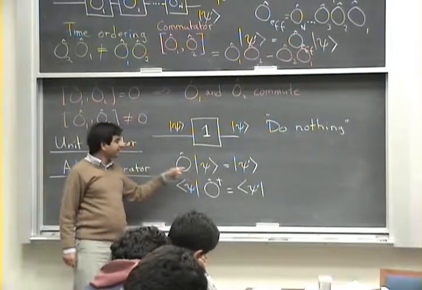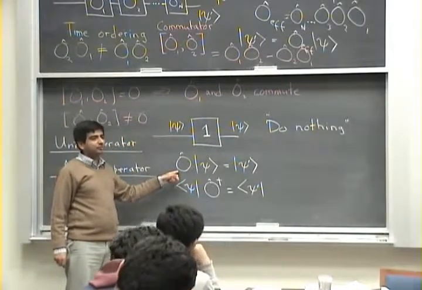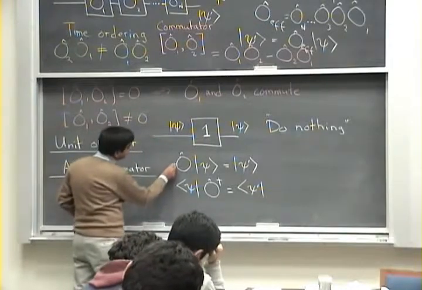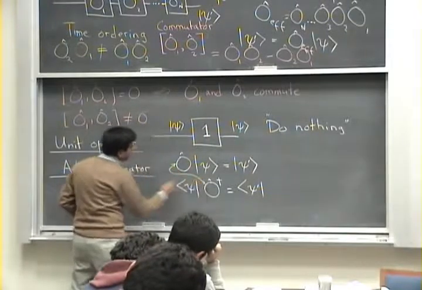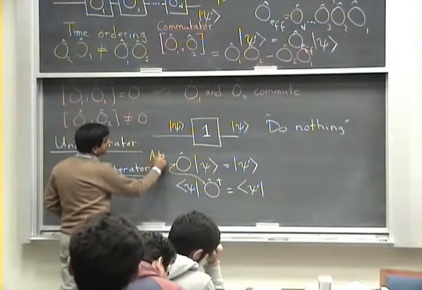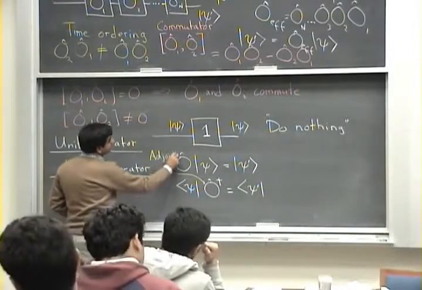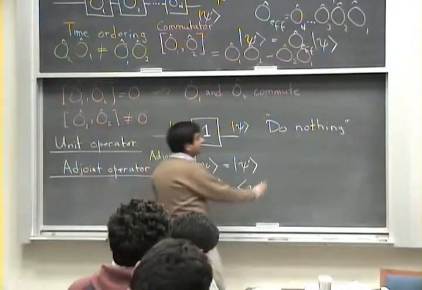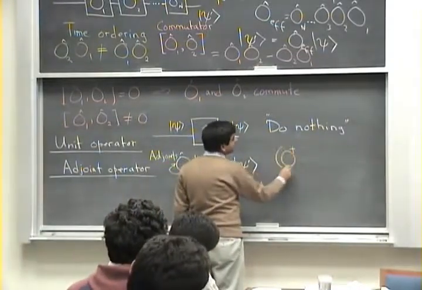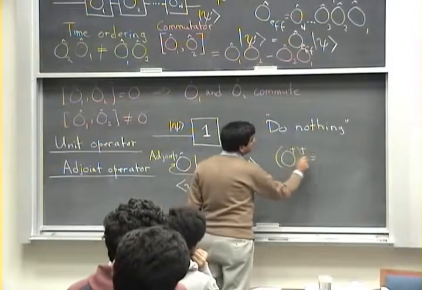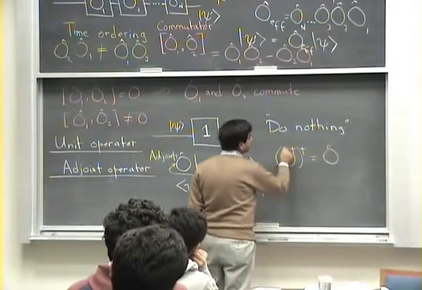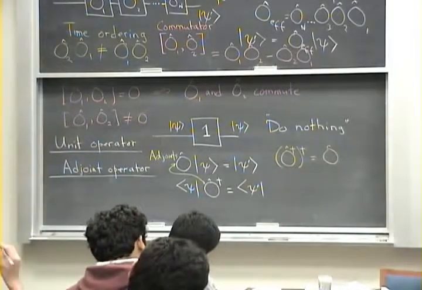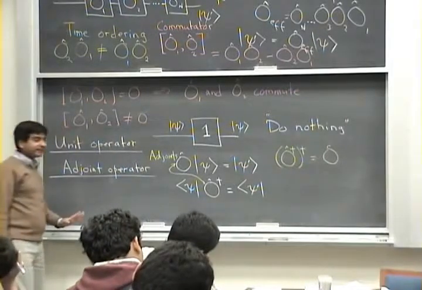O dagger is the adjoint of O. Both of these, this operator and this operator, are adjoints of each other. Okay? The adjoint of the adjoint, of course, is O itself. We'll learn more about adjoint operators, but this is a definition.